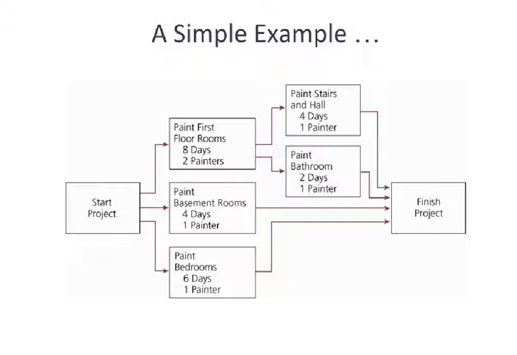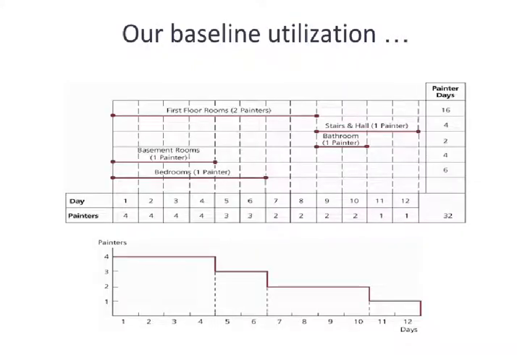Now let's look at the resource utilization. This diagram corresponds to the network diagram shown on the prior slide. But this diagram is looking at the resource utilization of the baseline plan. So we're assuming the network diagram is the same as before. We haven't changed anything.